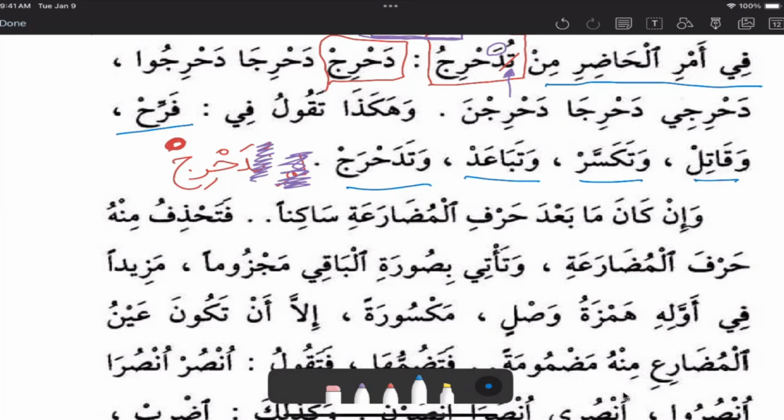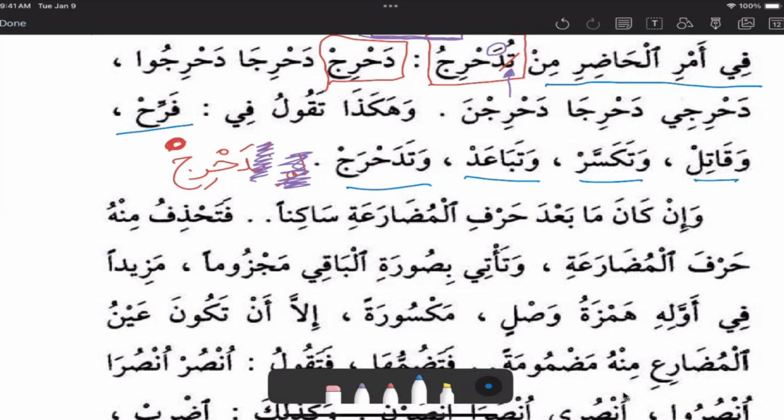So then he told us here. Here's a synopsis of all that he said. If your fi'l mudari' has a vowel after the mudari' letter, like when you say tufarrih, then there's a case.